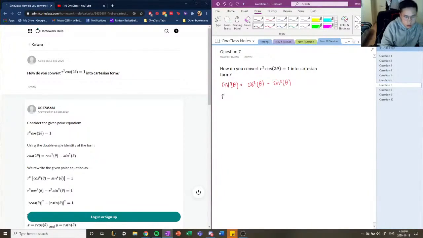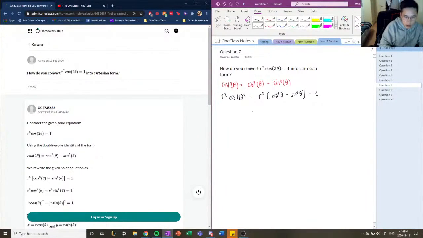So r squared cos 2 theta can be written as r squared times cos squared theta minus sine squared theta, equals 1, okay? We're going to expand this.